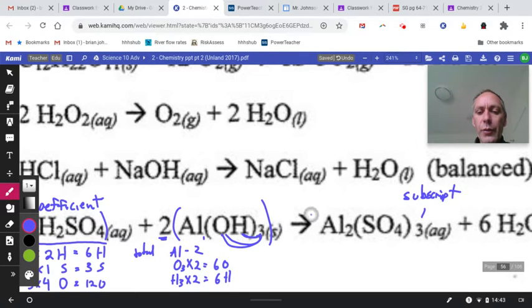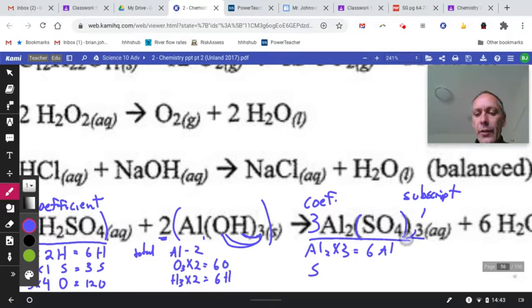And I'm going to put a coefficient in front of here as well. So what would this one look like? Okay, so let's do aluminum first. So there's an Al2 times 3 for a total of 6 Al. Sulfur, so these brackets mean the 3 goes to both. So that's S3 times a 3 in front for a total of 9 sulfur.